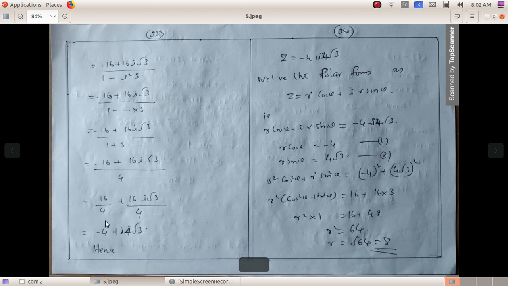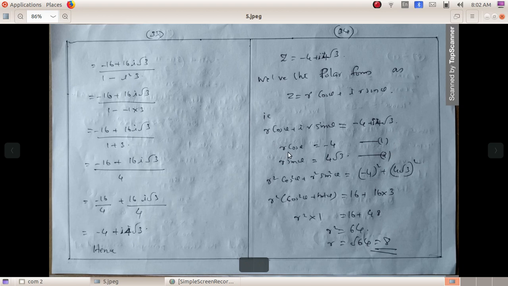So this complex number can be converted into polar form by identifying the values of r and theta. The polar form is r cos theta plus i r sin theta, or r into cos theta plus i sin theta. So r cos theta is minus 4 and r sin theta is equal to 4 root 3, equations 1 and 2.